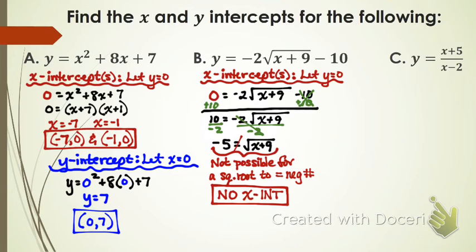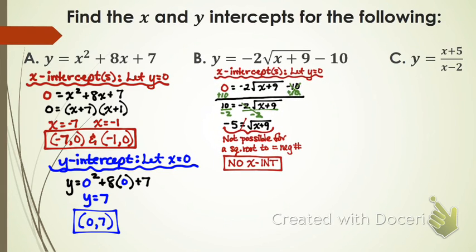Let's find our y-intercept. What do I do to find the y-intercept? Let x equal 0. This one's easier for us to evaluate, and there's no tricks here. So I have y equals negative 2 times the square root of 0 plus 9, minus 10. Oh, thank you. It's supposed to be a y.